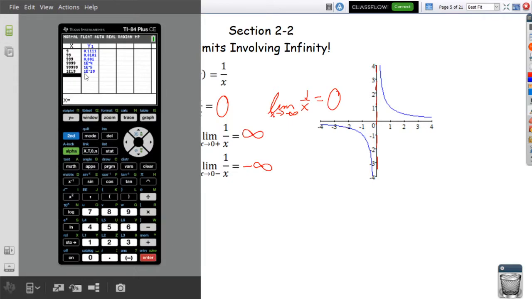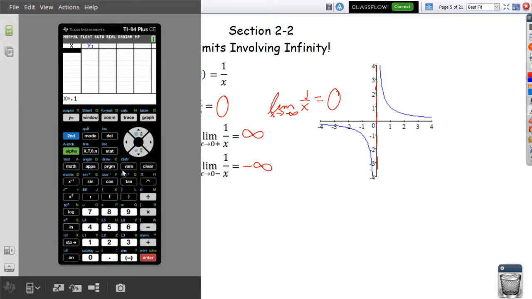That becomes 10 to the negative 19th power, essentially 0. I can do the same thing when I talk about negative 9999999. Gives me negative 10 to the negative 13th, which would be essentially that negative 0. We can do the same thing if we want to, doing it numerically, getting closer and closer to 0.